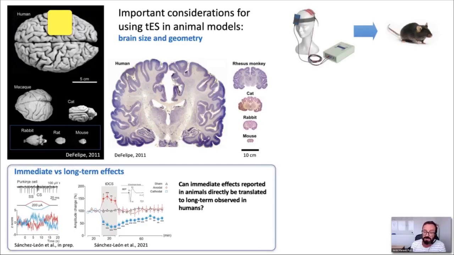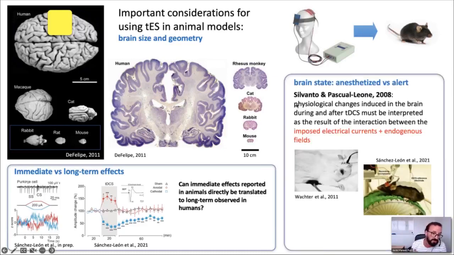So we normally think that the plastic effect is going to move in the same direction that we observed during the stimulation. But as you can see here, this is not always true. For example, if we explore sensory potentials, we obtain no after effect, even when we observe a beautiful during effect for anodal currents. Okay, so that's one point.